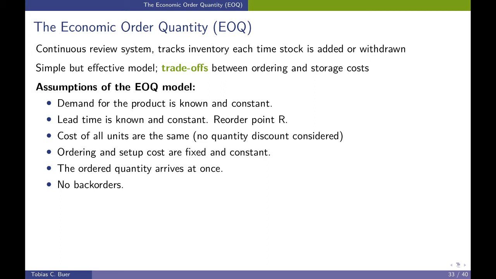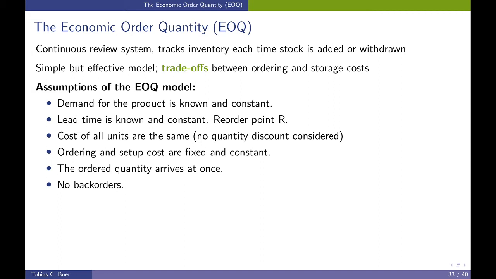The lead time is the time from when we place the order until the order arrives in our warehouse. Based on the lead time, we have to find a reordering point, so that we place our order early enough that we do not run out of stock.